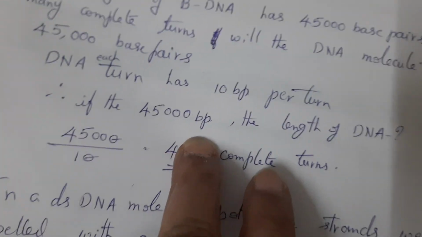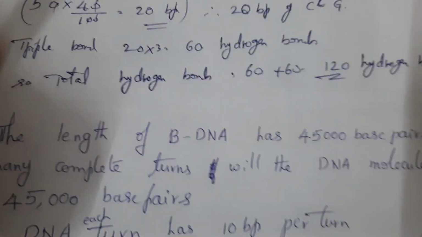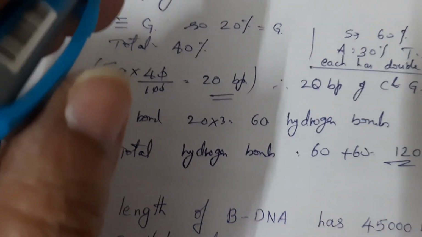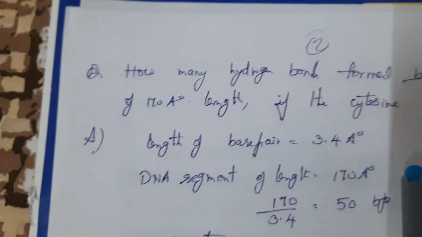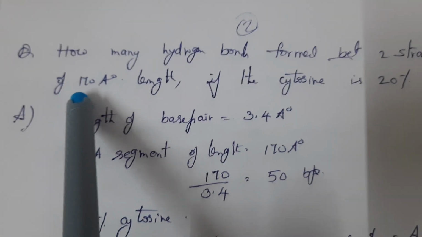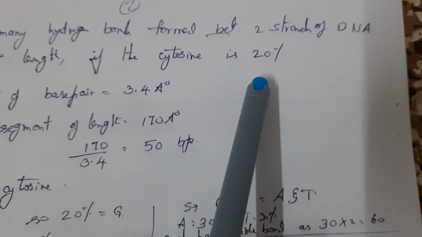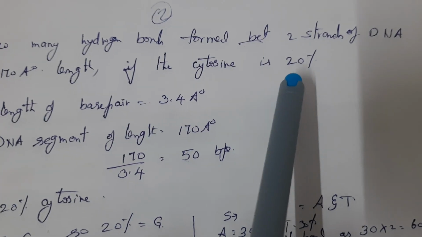And the next one more thing is how they can ask: how many hydrogen bonds are formed between two strands of DNA of 170 angstroms length if the cytosine is 20%?